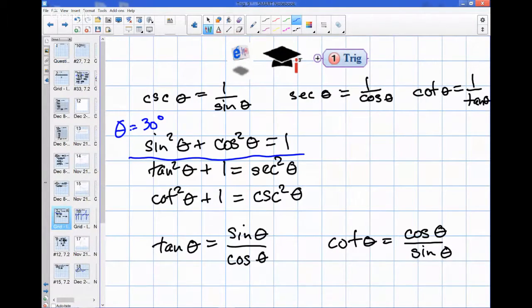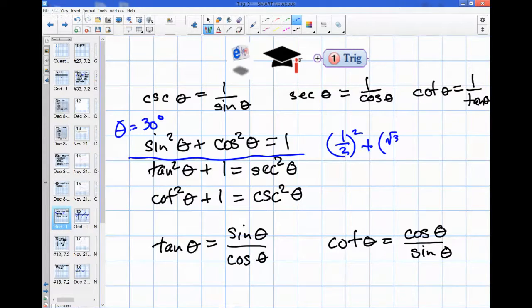But anyway, let's take the top Pythagorean identity and check it out with 30 degrees. What's the sine of 30 degrees? 1/2. So what's the sine squared of 30 degrees? I'll just write it this way right now: 1/2 squared. Plus, what's the cosine of 30 degrees? Square root of 3 over 2.